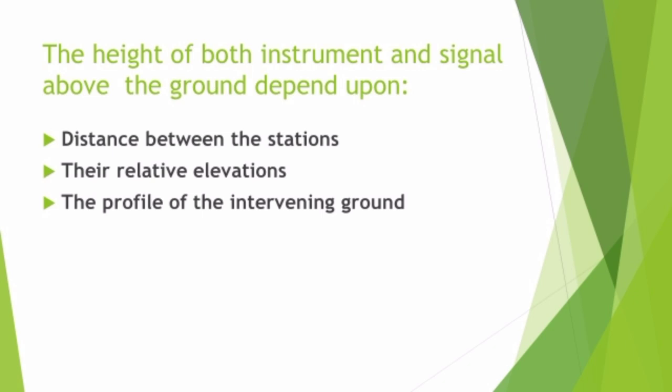If suppose it is a clear ground between A and B, or a sea surface, intervisibility will be so easy. A will be so easy to see B, and the height requirement will be very less. And if suppose there is a mountain or a hilly surface, or a lot of trees in the intervening ground, it will be very difficult for the intervisibility and more height will be needed. That is the point. Okay, thank you.